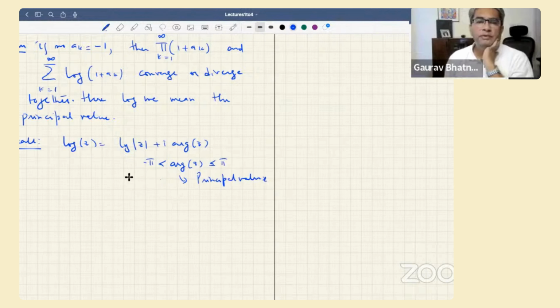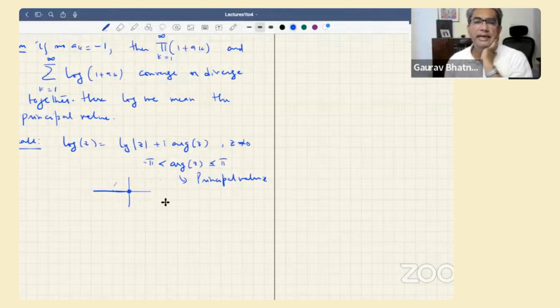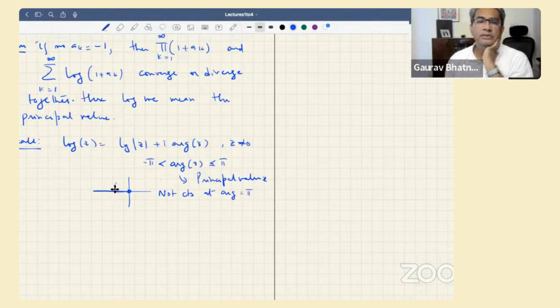So basically, z is not 0. For 0 it's not defined, because log of 0 is not defined either. For anything else, we take the argument from here to here. So it's not continuous at argument equal to pi, because here it's minus pi and here it's pi.